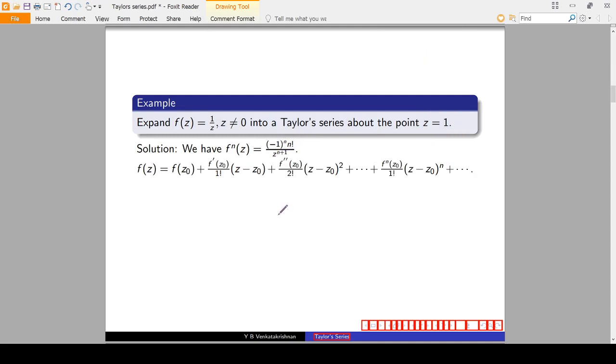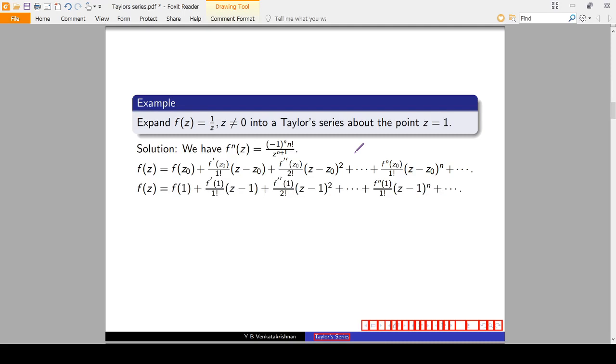Now, I write the Taylor series expansion. f of z is equal to f of z0 plus f dash of z0 by factorial 1 into z minus z0 plus f double dash of z0 by factorial 2 into z minus z0 the whole square plus so on.